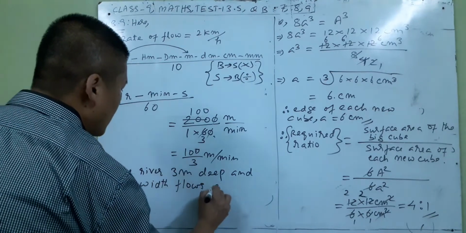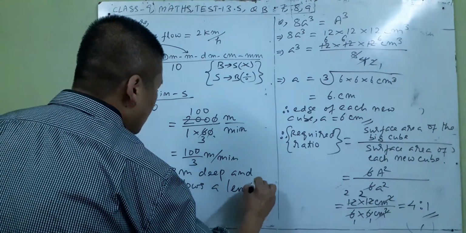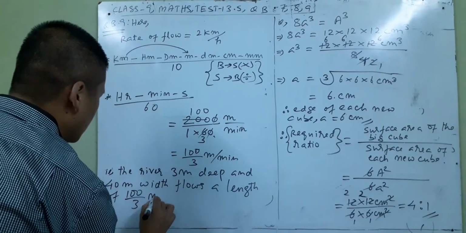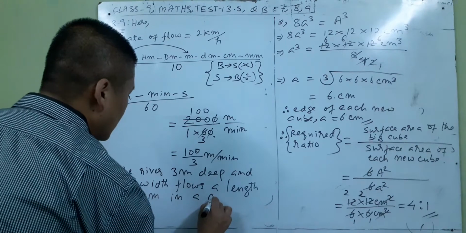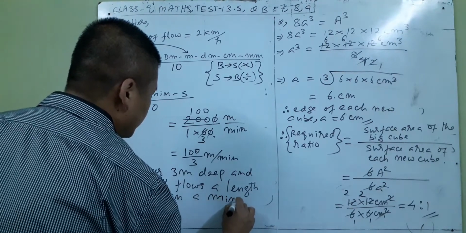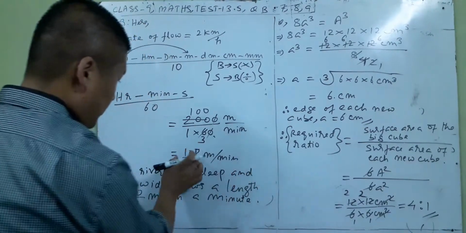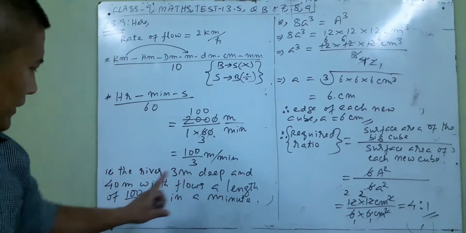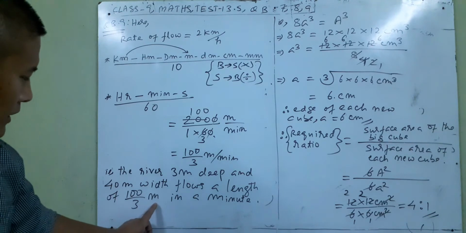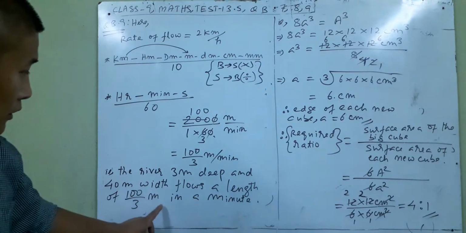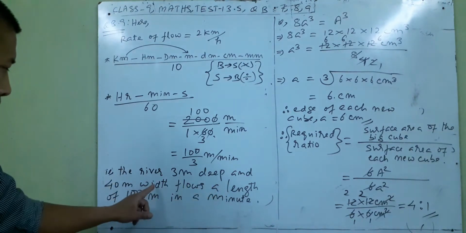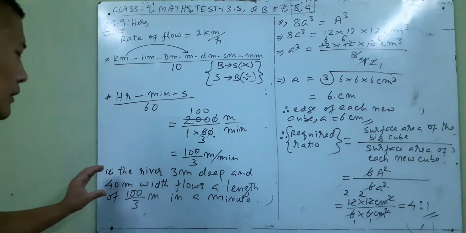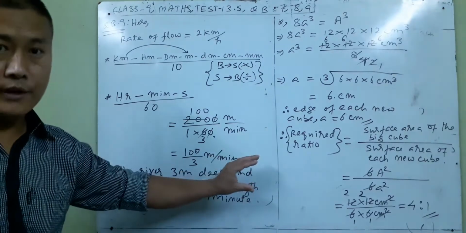Flows a length, means a distance or length of 100 divided by 3 meter in a minute. In 1 minute, it flows this much. So we can see that the shape of the flow of water is 3 meter deep, 40 meter wide, and 100 by 3 meter long. Length means length, width means breadth, and deep means height. Length, breadth, and height is there means the shape of water flowing in 1 minute is cuboidal, right?